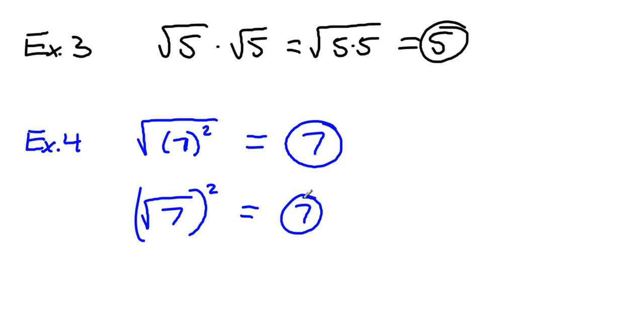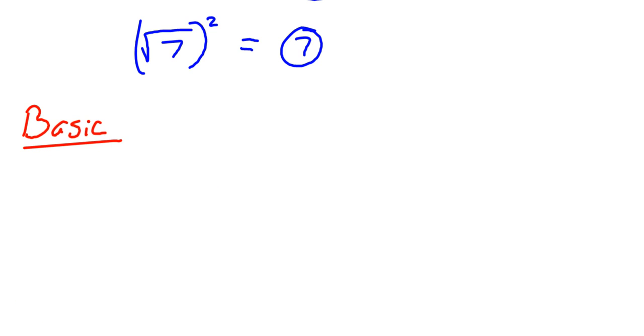Okay, so let's throw that in as an introduction. All right, here's just some basic things you can work on and multiply through. Here's one where they give you the square root multiplication. They call this one a basic problem. We've got square root of 3 times square root of 27.